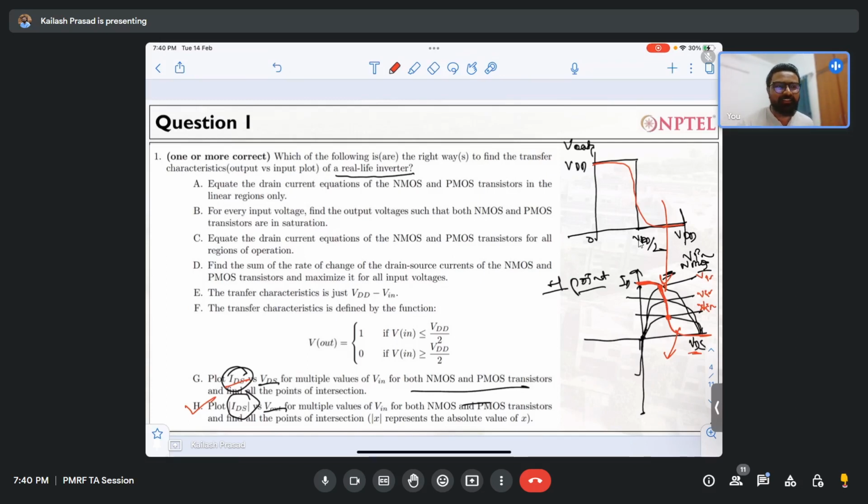The academics get over at 6, and I have to come from labs. I understand. Right. And the PMRF has actually provided only two slots, 6 to 8 and 7 to 9, so we have to take in these slots. Yeah, I understand. Okay, no issue.